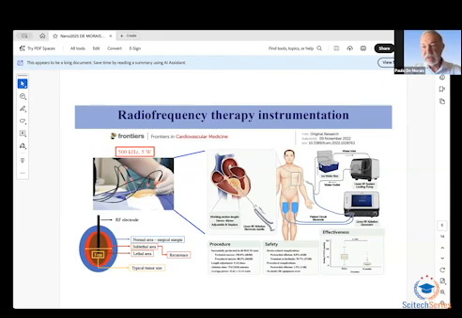It can deliver hundreds of kilohertz, and you can also control the power delivered, let's say from 2 to 20 watts in power. And you need to close the circuit, and that's why you use those two pads on the patient's body.